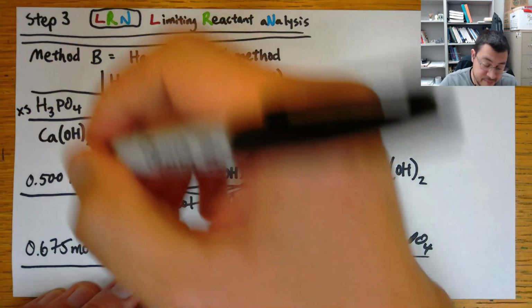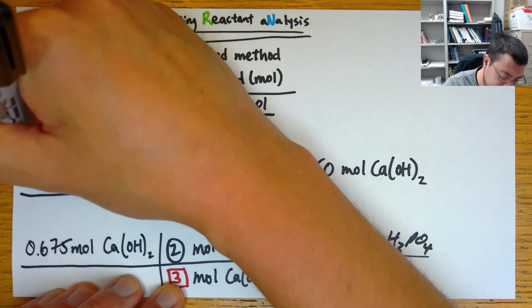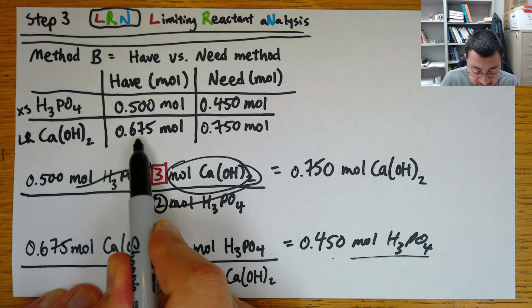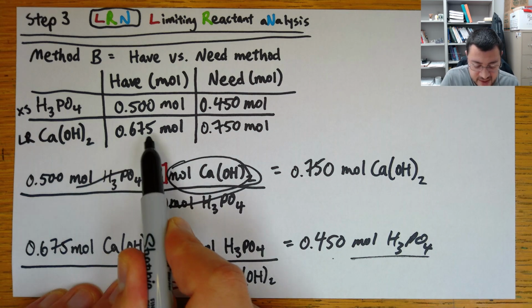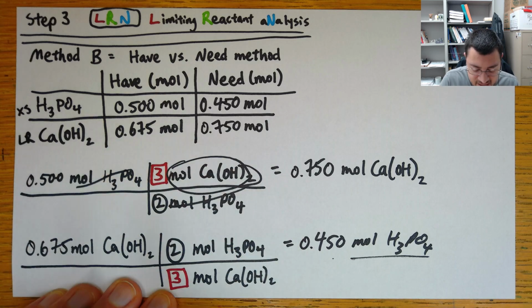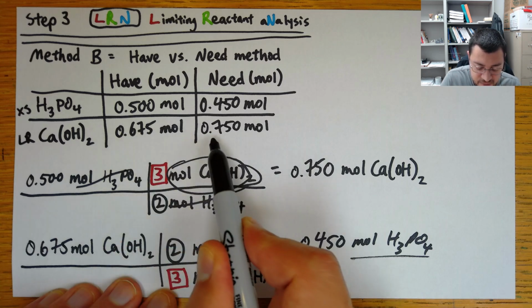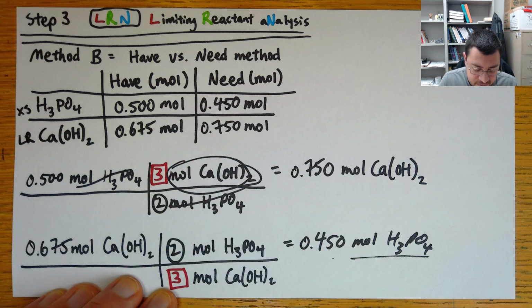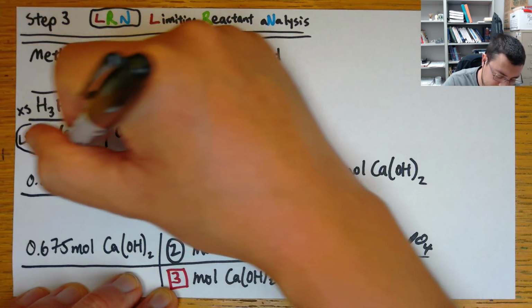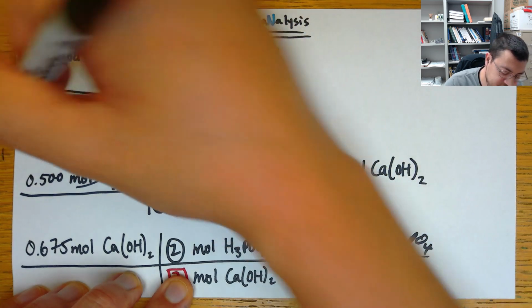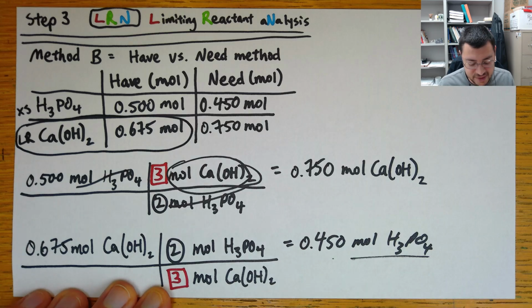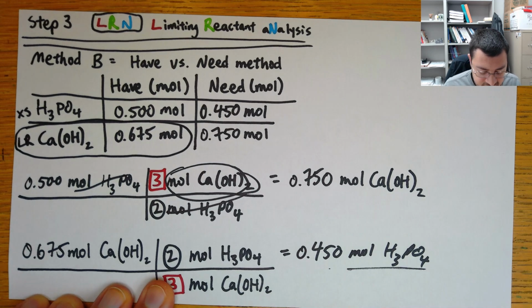Logically, that means calcium hydroxide should be our limiting reactant. But we did the other calculation to check our work. We have 0.675 moles of calcium hydroxide, but to fully react with all of the phosphoric acid, we need more than what we have. We need 0.750. So all of our calcium hydroxide will get used up. It's our limiting reactant, and we're going to have some phosphoric acid left over.